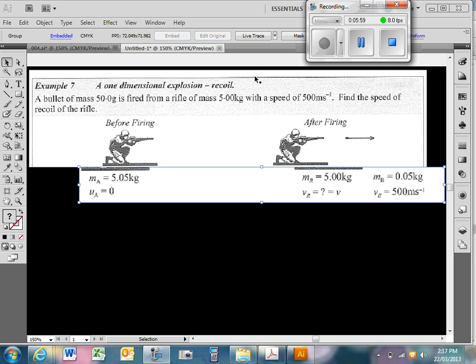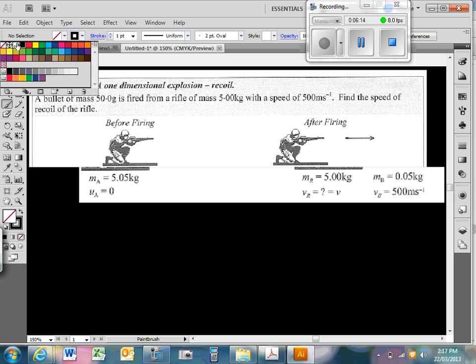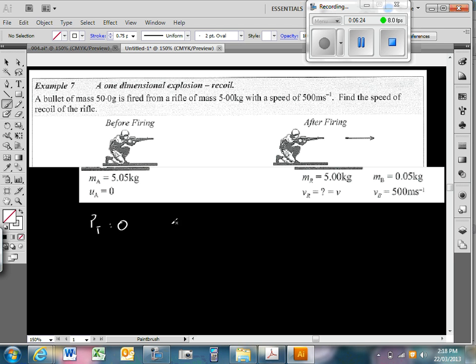Of course, the initial momentum is 0. And so, well, what do we have as a total momentum on the left-hand side? 0, yeah, that's right, 0. Total momentum equals 0.